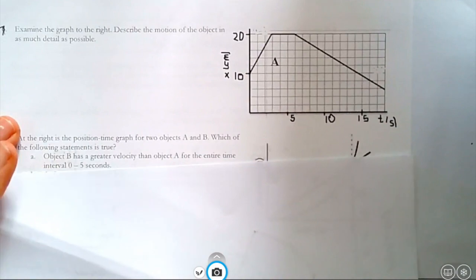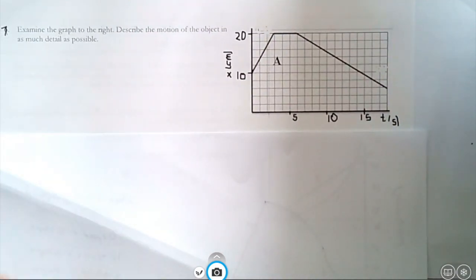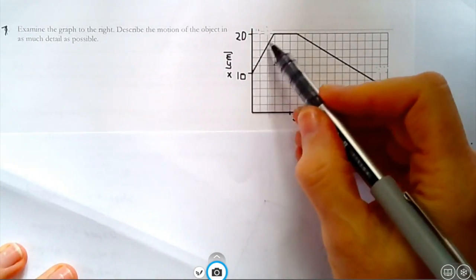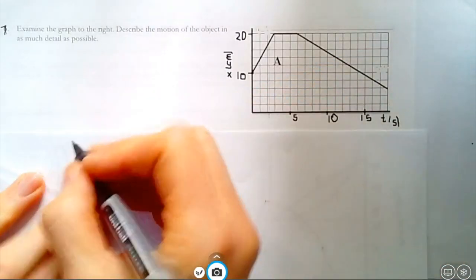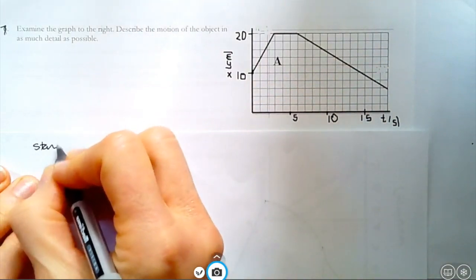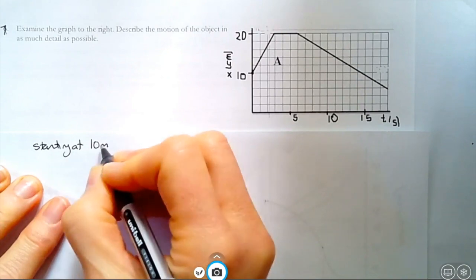Examine the graph to the right. Describe the motion of the object in as much detail as you can. So looking at this first segment here, your starting position is 10. So I would say starting at 10 centimeters.